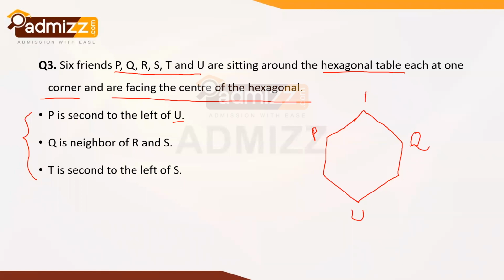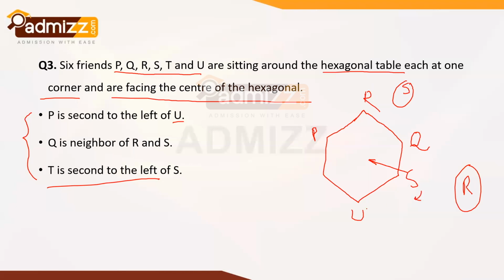R and S, right? Now, why did I choose this particular position for R and S and not S and R, right? So that can be deduced from the third hint, right? T is second to the left of S, right? So since S is facing towards the center, left side for S will be in this direction.